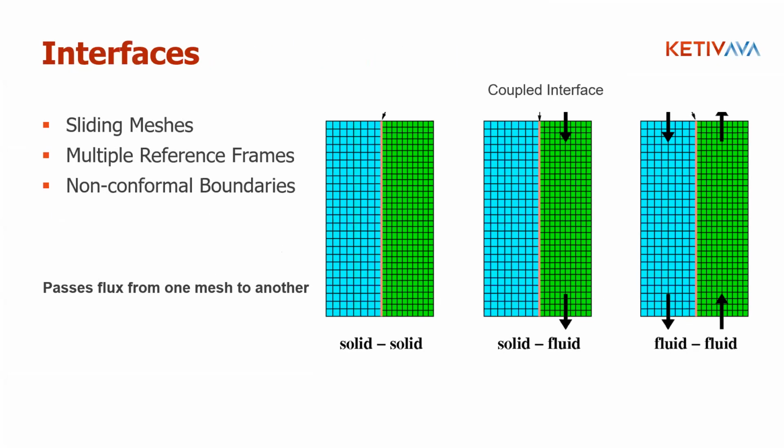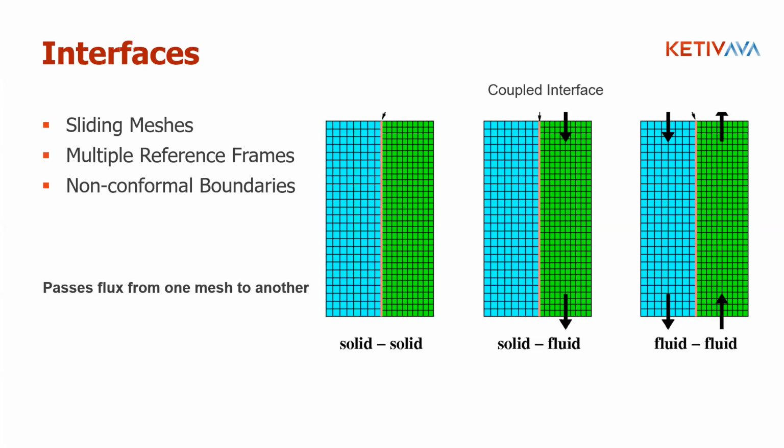The other thing that I'm going to cover in today's session is the creation of interfaces. And I have included this topic because there were a lot of questions in the previous AVA on how to make sure that we have interfaces in a model wherein we have a non-conformal mesh. Now, what do I mean by a non-conformal mesh?